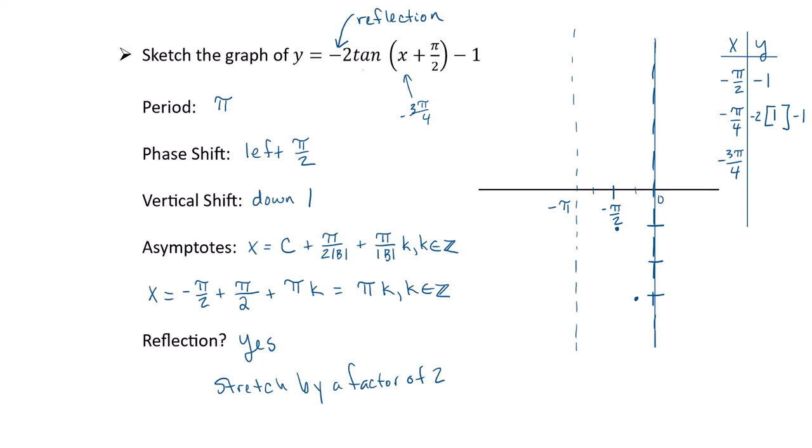And the tangent of negative pi over 4 is negative 1. But remember that is being multiplied by negative 2, and then we're subtracting 1 from it. So we have here a 2 minus 1 is 1. So I'm up here at 1 when I'm at a negative 3 pi over 4.